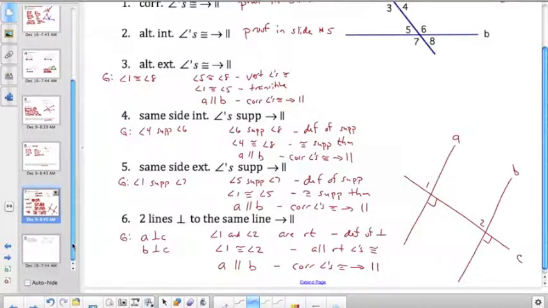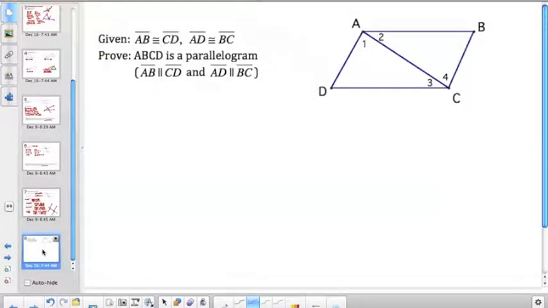Okay, so how are we going to use this information to do a proof? Well, we're going to try to prove that we have a parallelogram. And notice that we have a little hint here. So basically we have to prove these 2 sets of lines to be parallel in order to have a parallelogram.